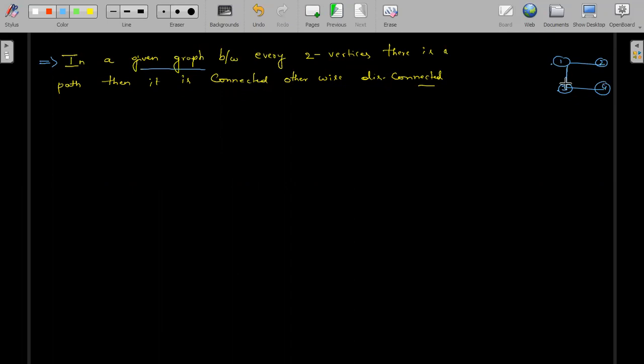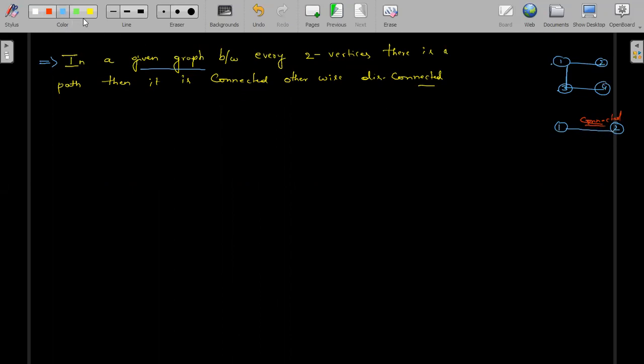If there is a path, then it is called connected. You can take it like this as well, 1, 2. There is a path. If there is no path, it is disconnected. So now there is a path between 1 and 2, and that is the reason why it is connected.